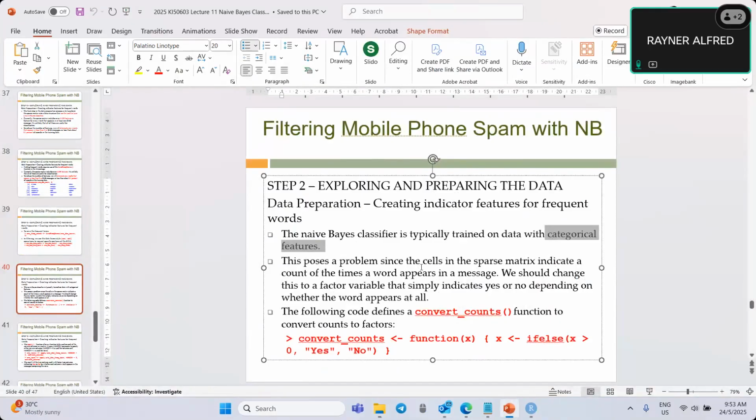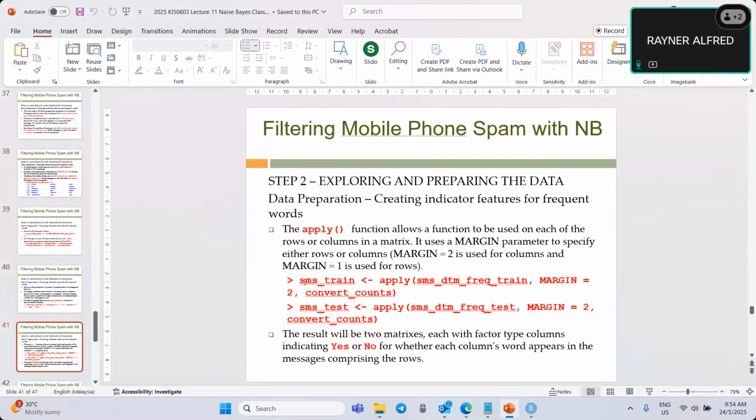This poses a problem since the cell in the sparse matrix indicates a count of the times the word appears. In the bag of words that we have, it is just a number, but we want to change them into categorical values. If they are greater than 0, that means they exist. So we just change to yes and no. From numbers we change to yes and no. That is the function that we use.